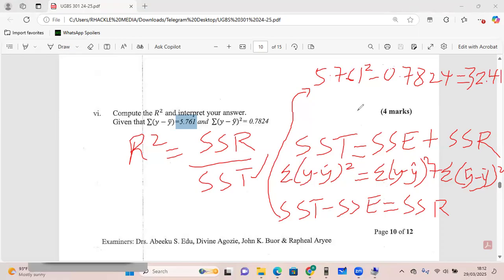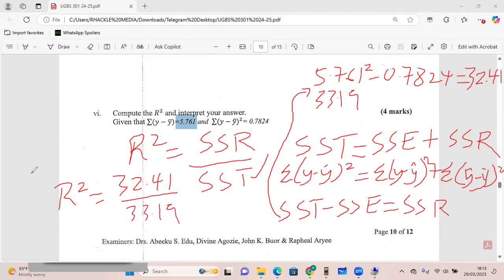Now, R square, as I said, is what? SSR over what? SST. And we've gotten SSR to be this, right? So we are going to get 32.41 all over, when we squared this, we had 33.19.